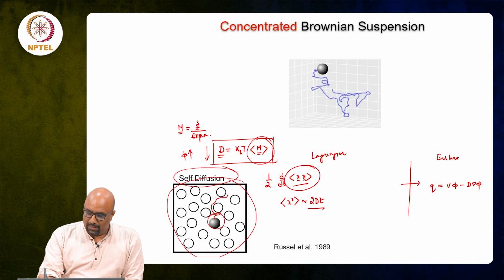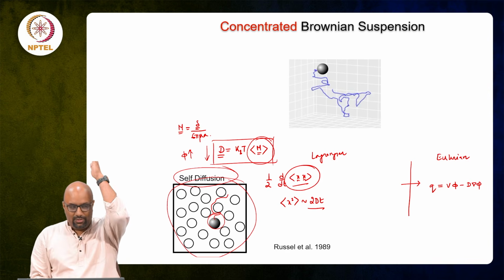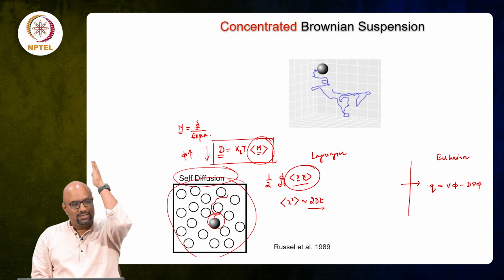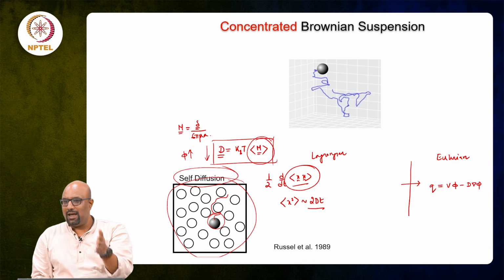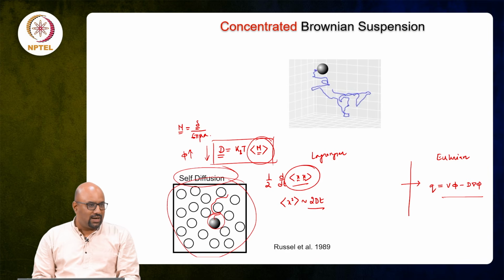This would be an Eulerian approach. I draw a particular slice in the domain, and I am basically measuring what is the flux of particle crossing that location, and that gives me a measure also of diffusivity. Now, you can ask the question, are they the same?